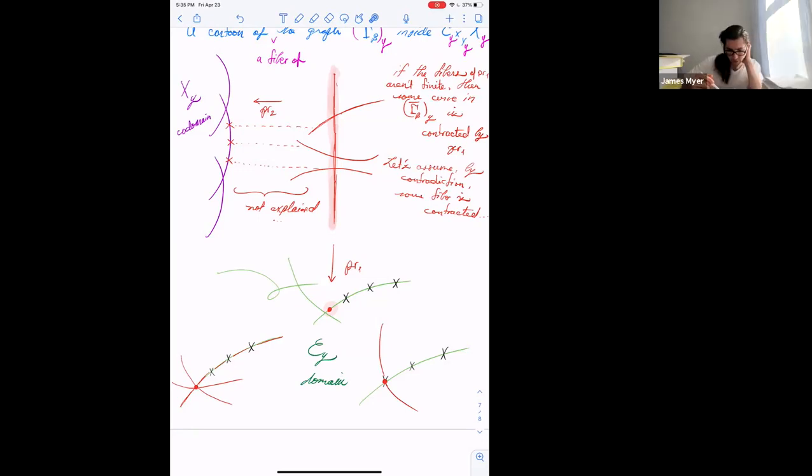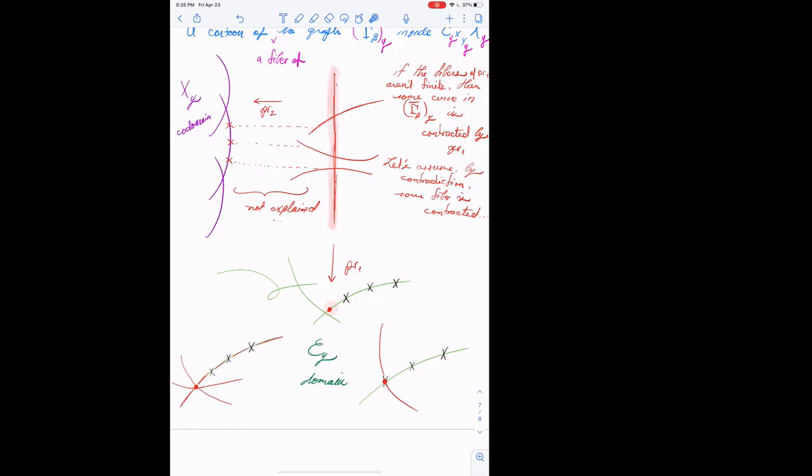Because I don't think that this actually can happen though, right? No, in fact, I think it always happens. I think it's the opposite way. These red curves that you draw on top, these are the original ones from the morphism.